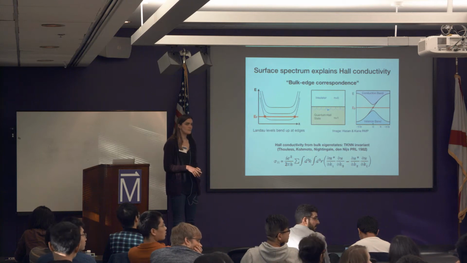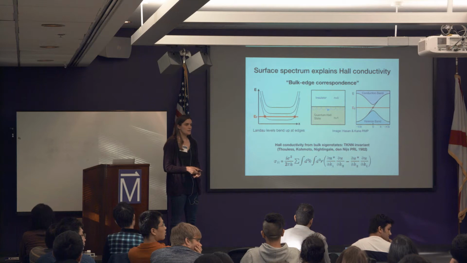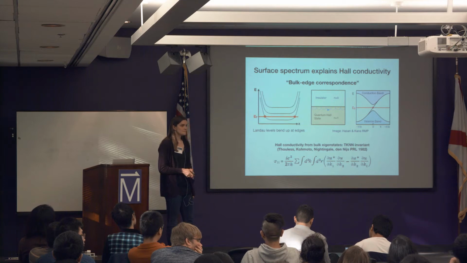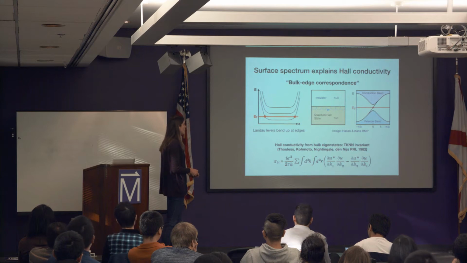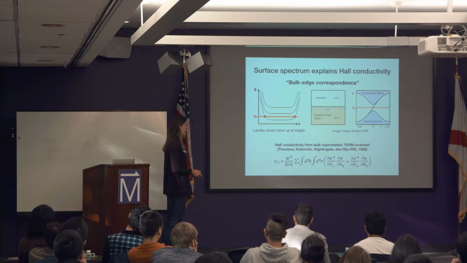I understand the first diagram is a bit of a schematic. How do you really, in your head, think about energy as a function of position? Usually when we think of an energy eigenstate, it's of the entire system. So what does it mean to have an energy at a particular location in space? Yeah. Well, if we have a finite size sample, then we lose the momentum as a quantum number anyway, so we can't talk about that.